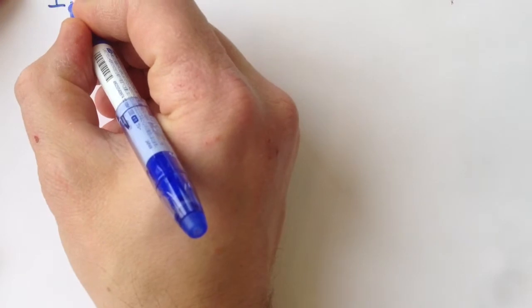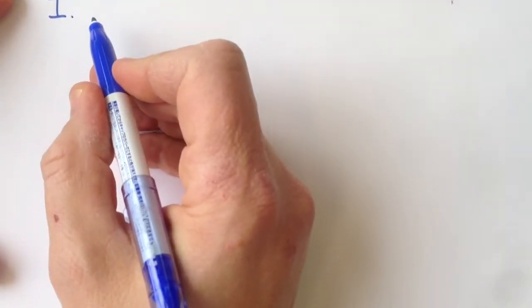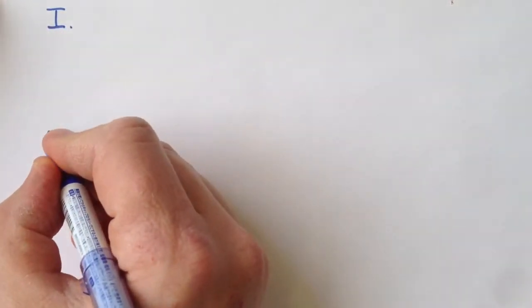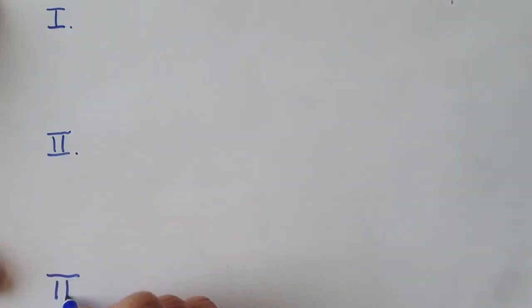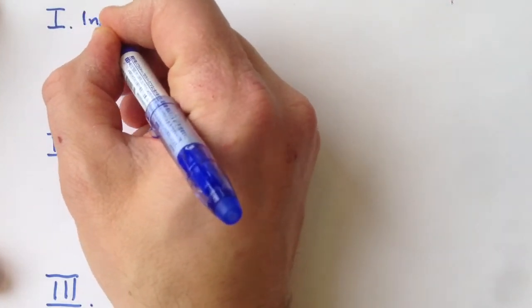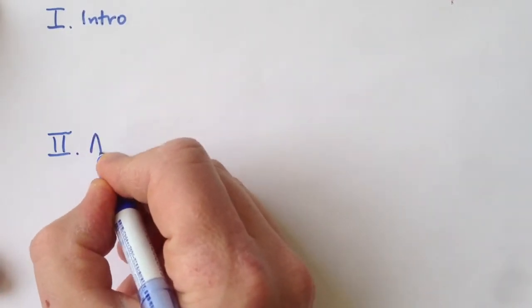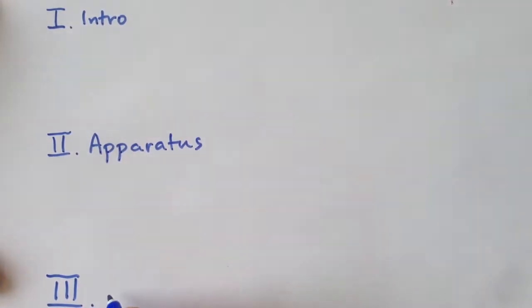So the first thing to tell you is how outlines are just mechanically put together. Generally there is a convention, which is that you use capital Roman letters for the main headers. So this might be our introductory paragraph, this might be, say, our description of the apparatus, and this might be the description of the results.